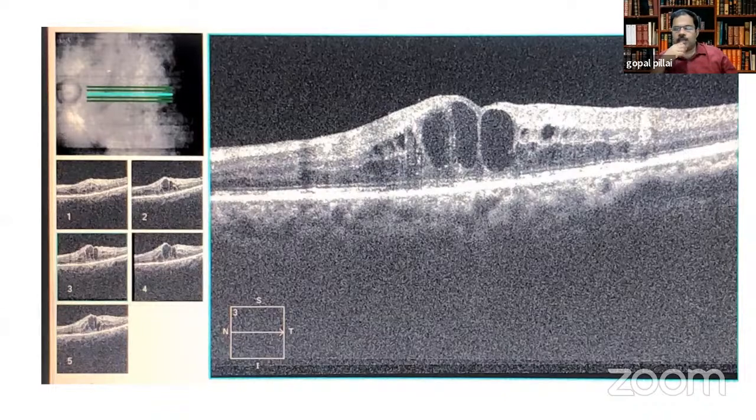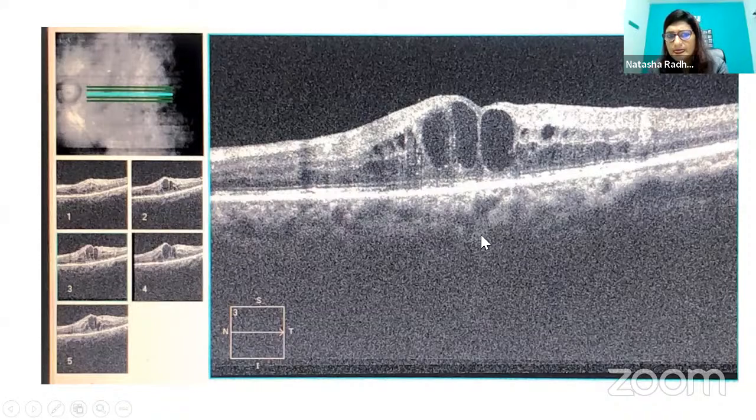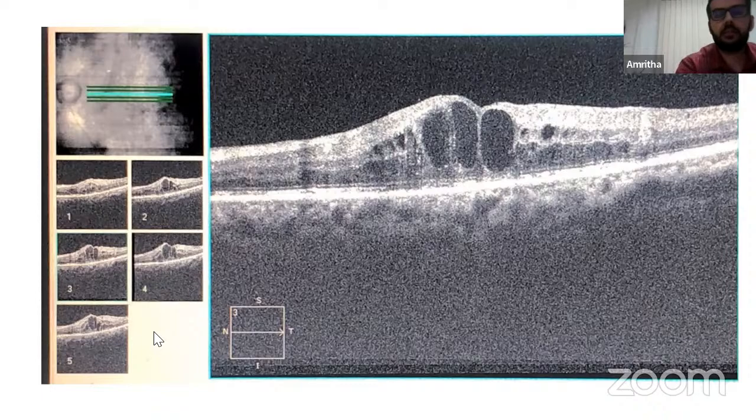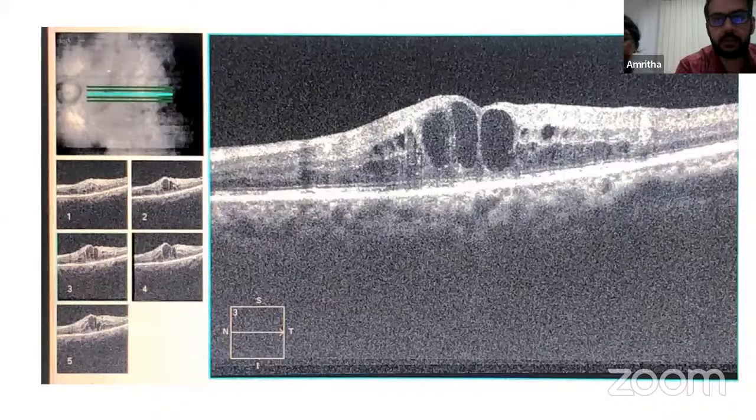This is a diabetic patient or? Yes, sir. Veno occlusion itself. Yes, this is an OCT image of the left eye of a patient, which shows a clear vitreous. As per this picture, we cannot make out whether it is a complete PVD or if the vitreous is still attached.